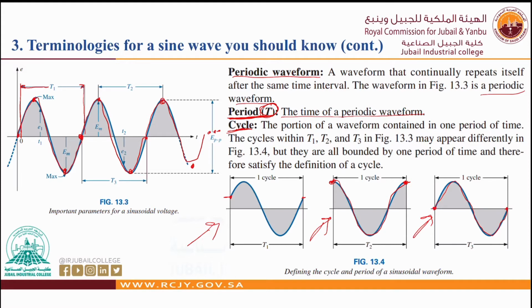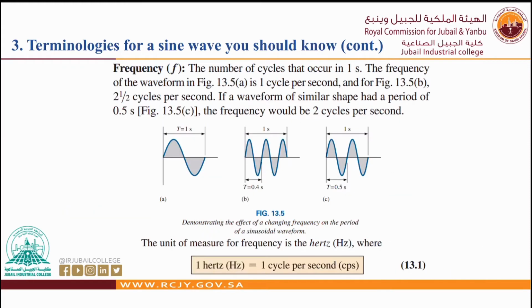So this is one cycle, guys, and one cycle has a period of time. Now frequency is the number of cycles that occur in 1 second. When I say we have a frequency in Saudi Arabia of 60 hertz, I mean it is having 60 cycles per second.